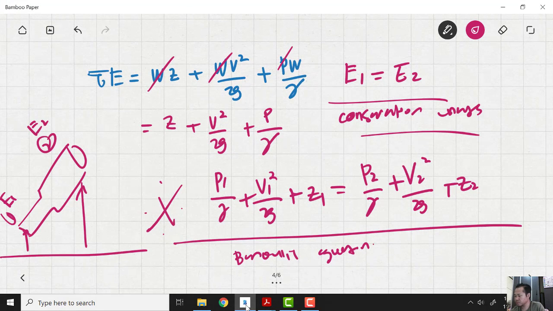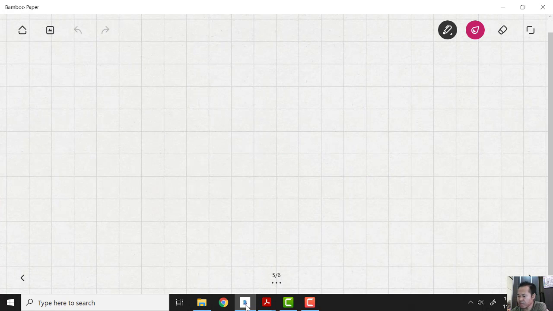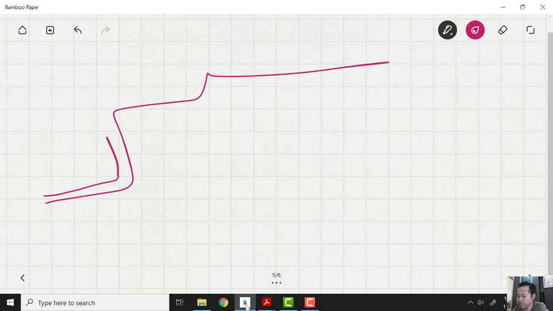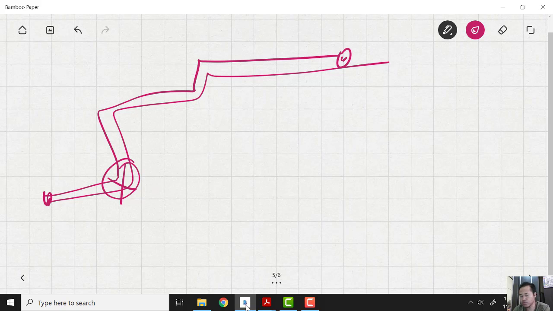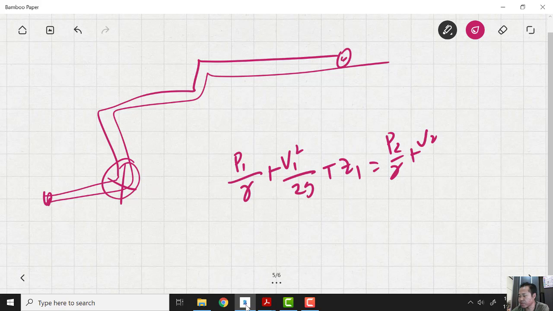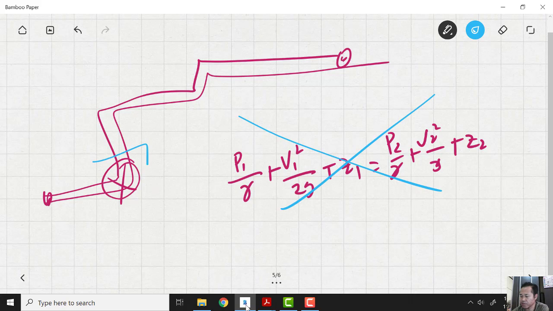For example, we have a pipe looking like this, with different cross-sectional areas. If there is a pump involved here, you cannot use the Bernoulli equation, P1 over gamma plus V1 square over 2G plus Z1 equal to P2 over gamma plus V2 square over 2G plus Z2, because we have a pump here.